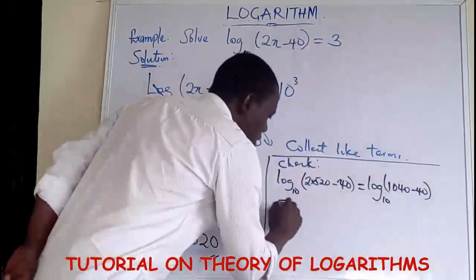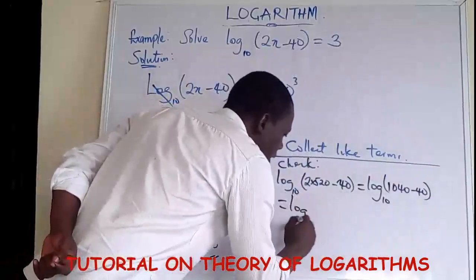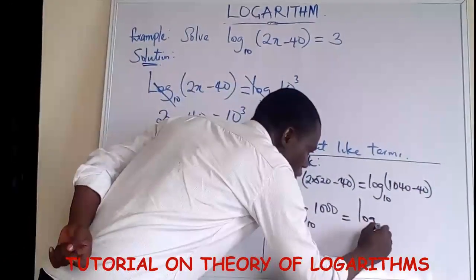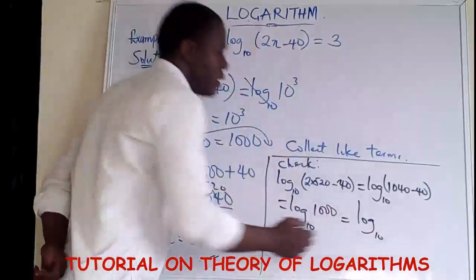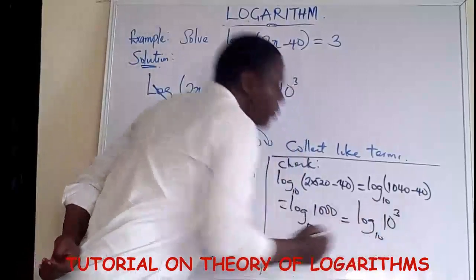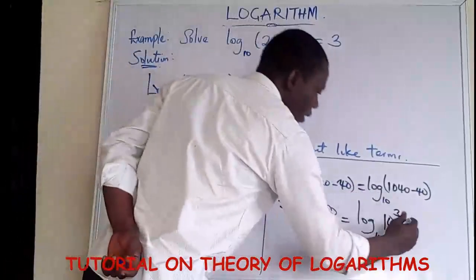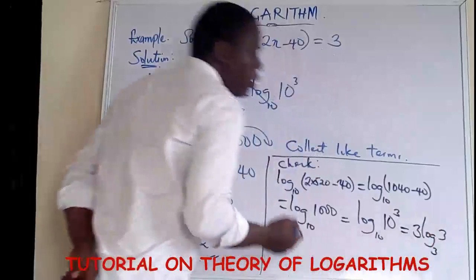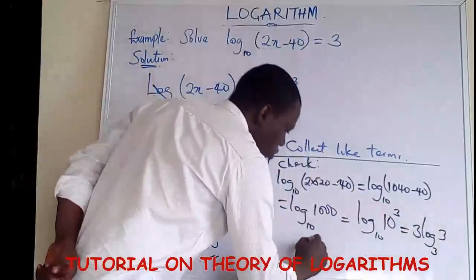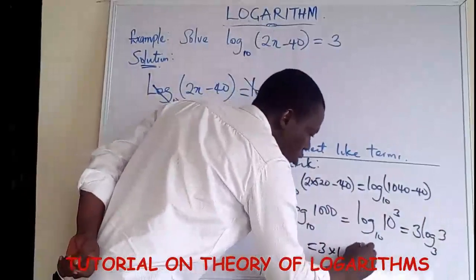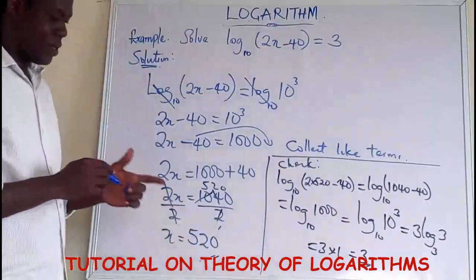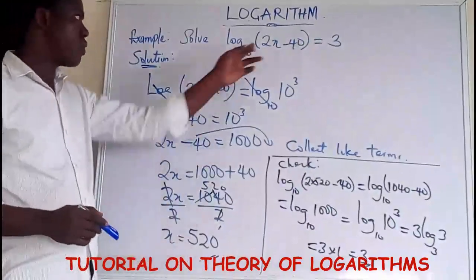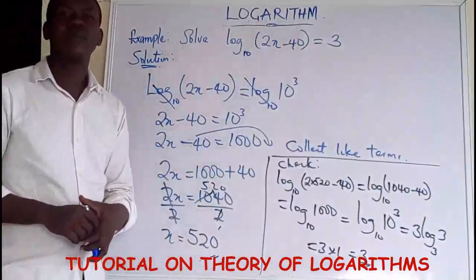So what we have now is log base 10 of 1000, and 1000 can be written as 10 raised to the power 3. So we move this one here, so we have 3 log 10 of 10. So this one now is 1. So our answer is 3 times 1, which is equal to 3. That means our answer is correct. So we just use this to check: if you put the answer back, you will be able to get that.